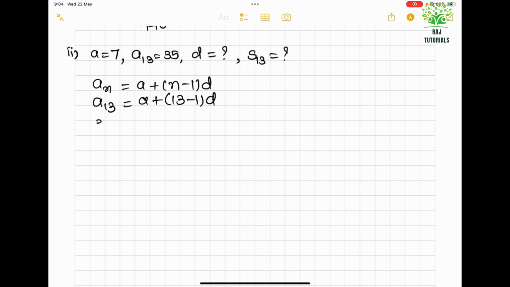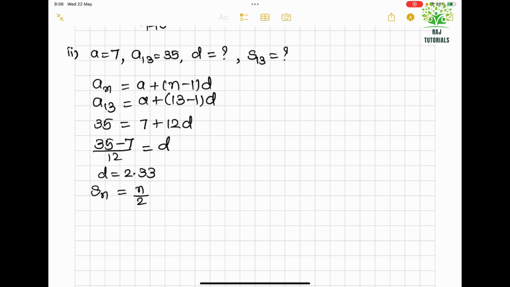So a13 is 35 equal to a, which is 7, plus 12d. So 35 minus 7 upon 12 equal to d. d equal to 2.33.